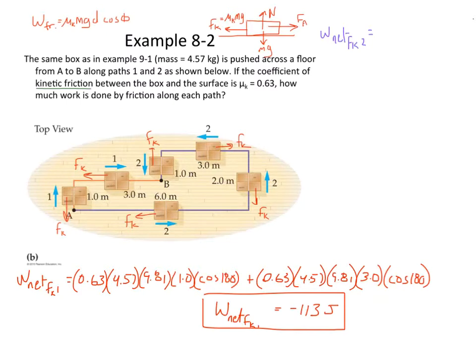We're going from here to here, so that's our 0.63 times 4.57 times 9.81 times the distance of that first segment at the bottom, that's 6 meters, 6.0 times a cosine of 180.